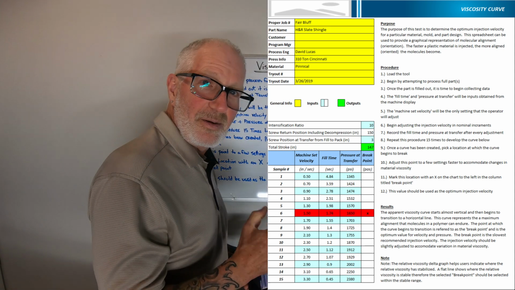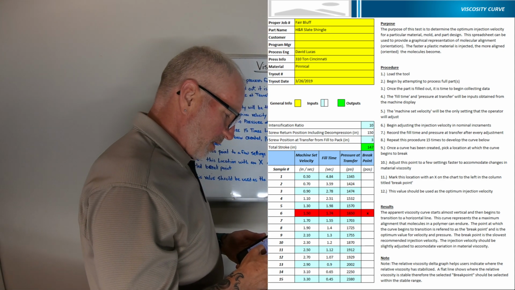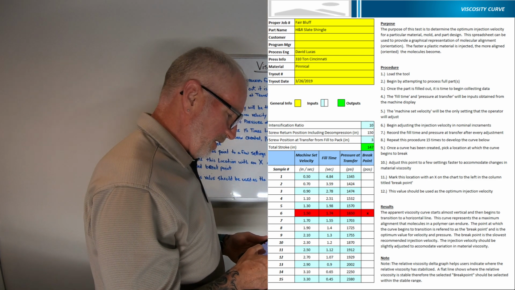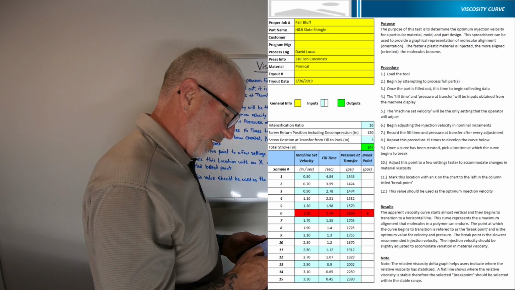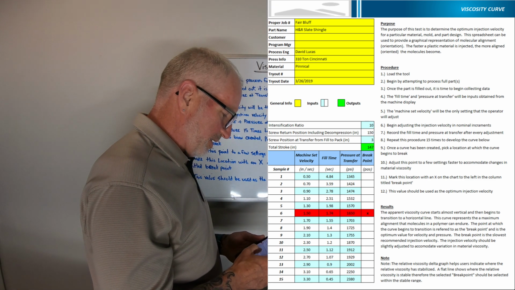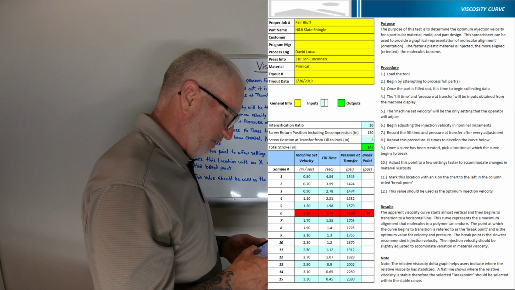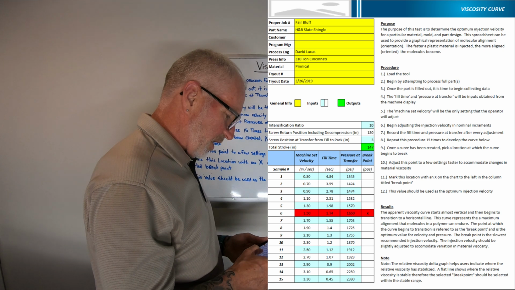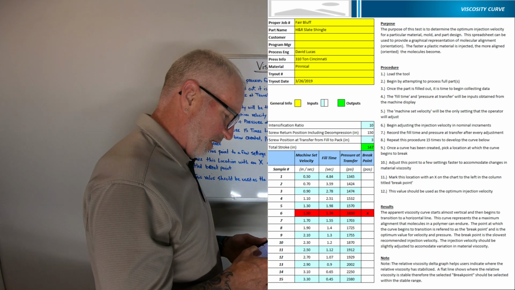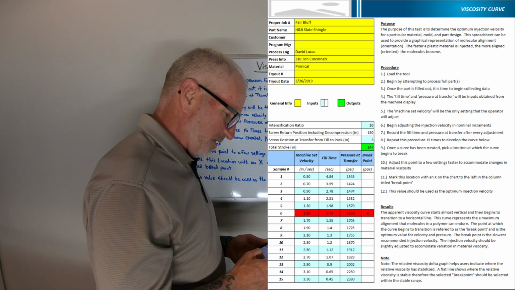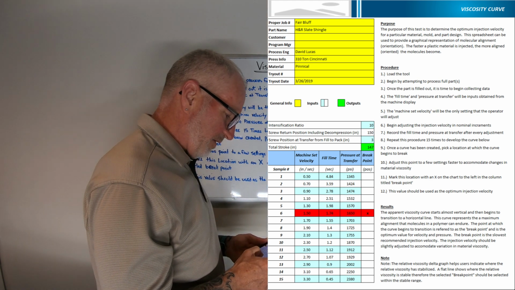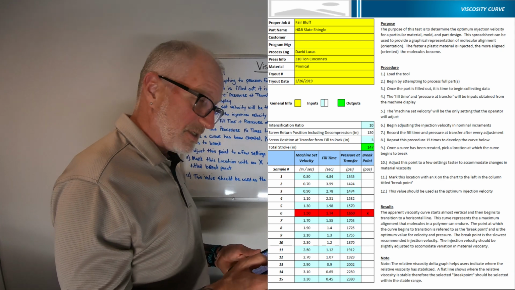The point at which the curve begins to transition is referred to as the break point, and is the optimal value for viscosity and pressure. The point break is the slowest recommended injection velocity. The injection velocity should be slightly adjusted to accommodate variations in material viscosity.